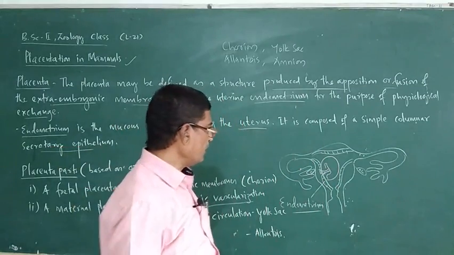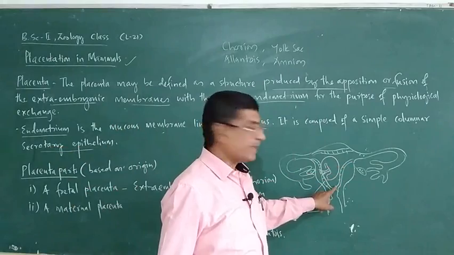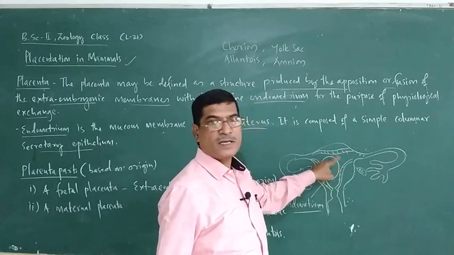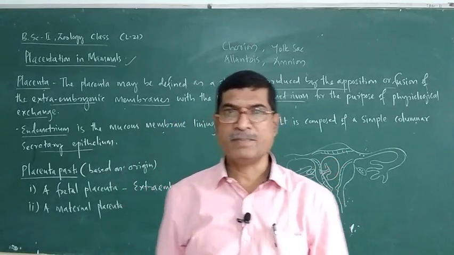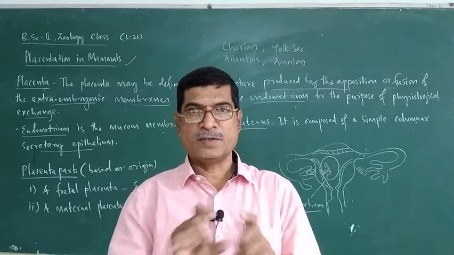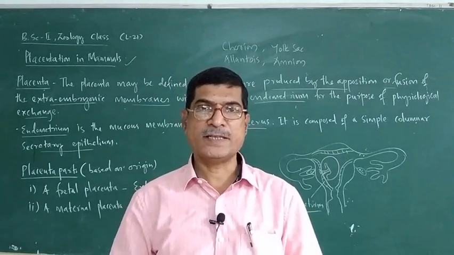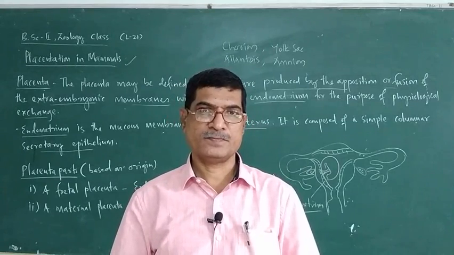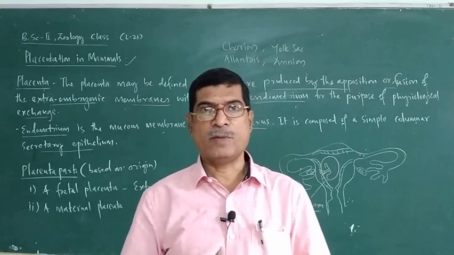What is endometrium? It is the internal lining of the uterus, and it is covered by simple columnar epithelium. And these columnar cells are secretory in nature. They secrete some secretions. Clear? So this is the endometrium.